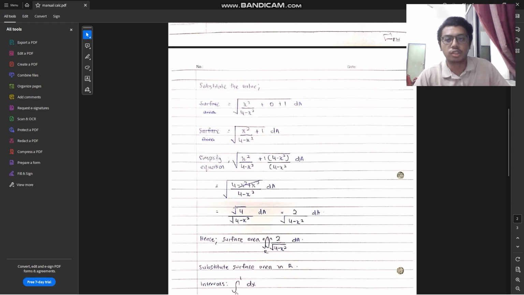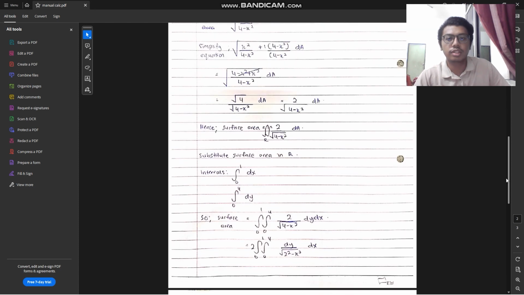Then we get square root of 4 divided by square root of 4 minus x squared, and we get 2 over square root of 4 minus x squared dA. So the surface area is the double integral over R of 2 divided by square root of 4 minus x squared dA.